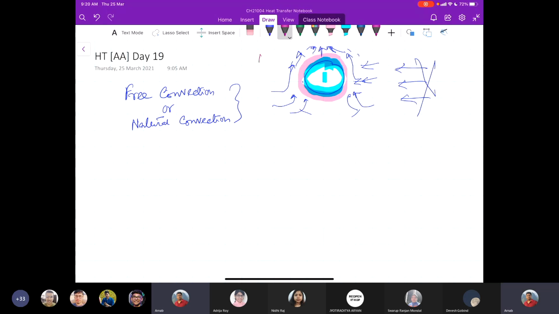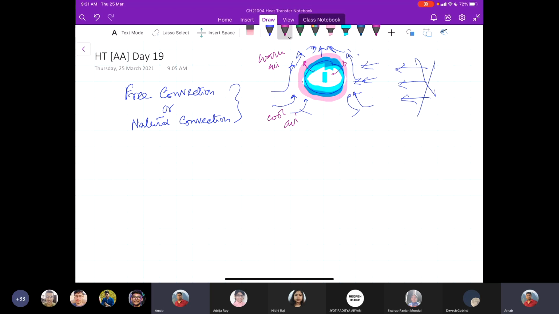So these would be the warm air and these are the cool air. So the heat transfer will happen from the surface to the stream of the air.